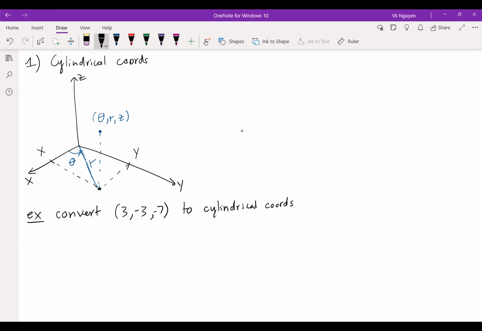We just want to do the conversion. So that means we have to figure out the angle theta, the radius r and z. The angle theta, hopefully you know from polar coordinate, is the arctangent of y over x.